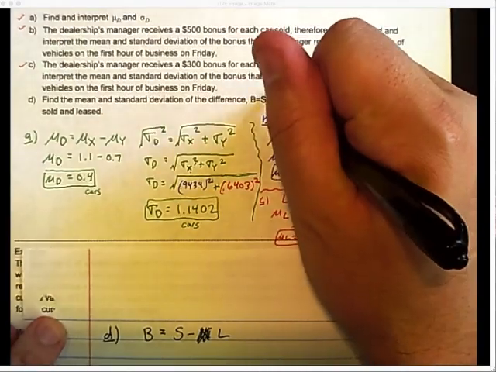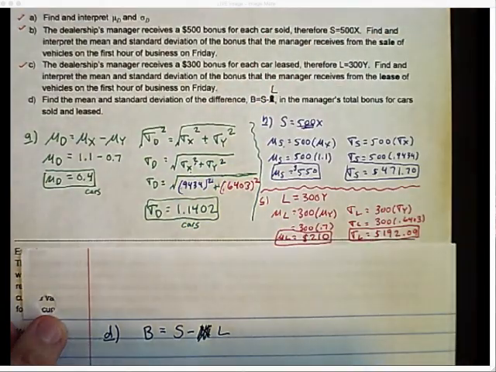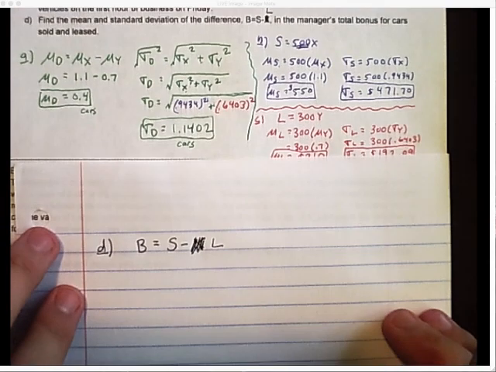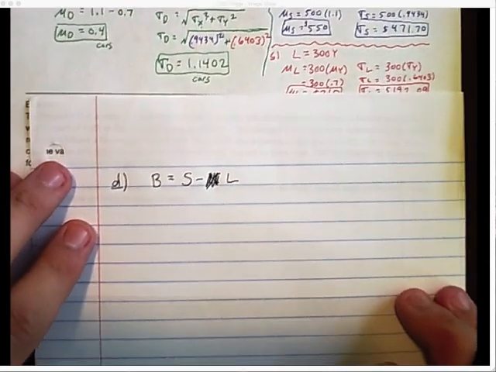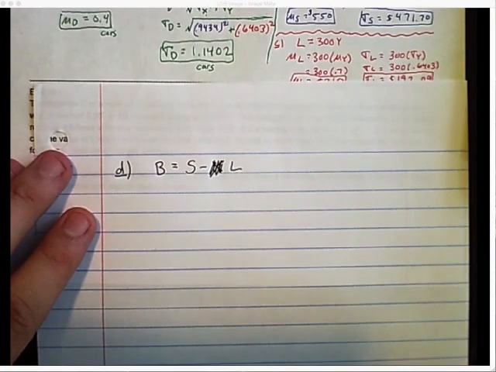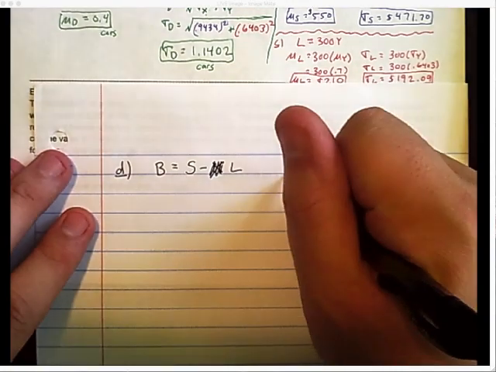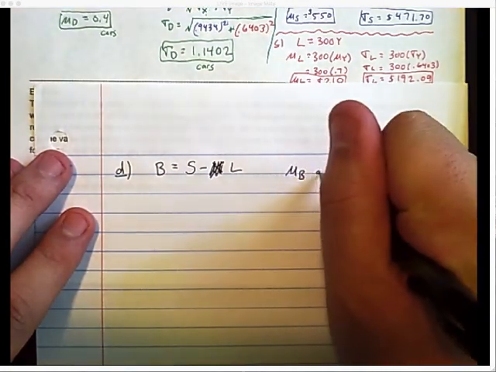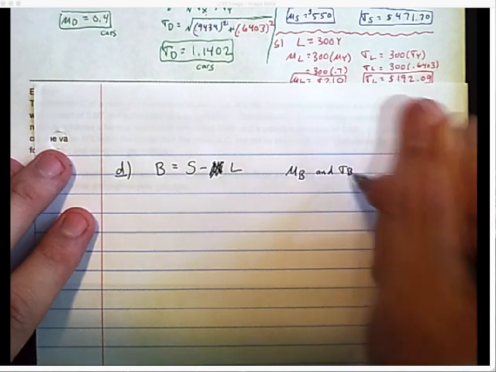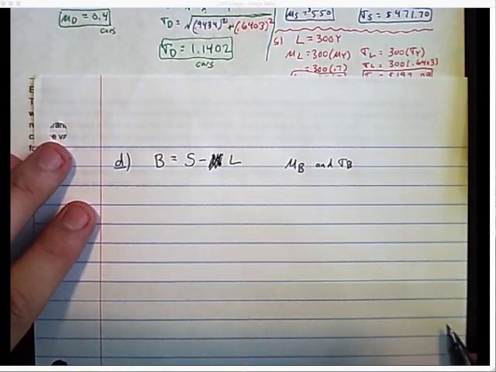This should be S minus L when I was typing out the note card. So we're trying to find mu of B and sigma of B. So let's write our equations for that.